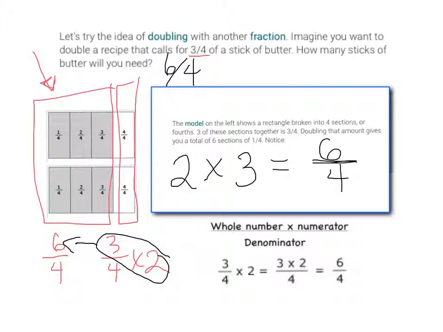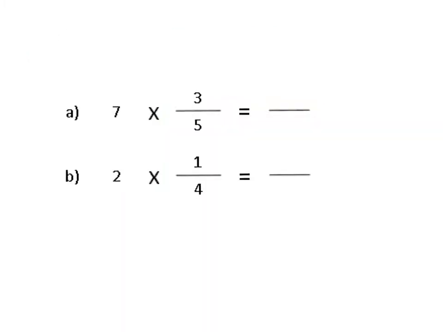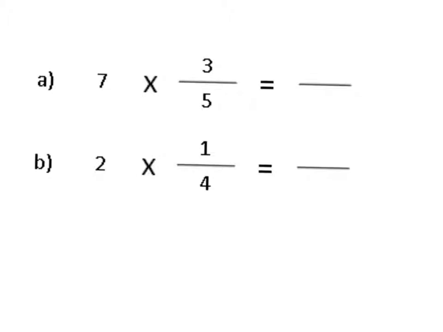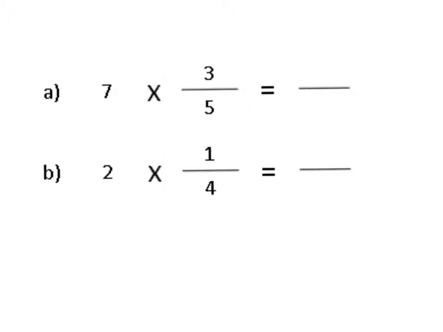Let's continue to explore this a little bit further. Okay, in this problem, we have two different multiplications by fractions. Our top number is going to be 7 times 3/5. Now, if we use repeated addition, we would say 3/5 plus 3/5 plus all the way until we had it 7 times.